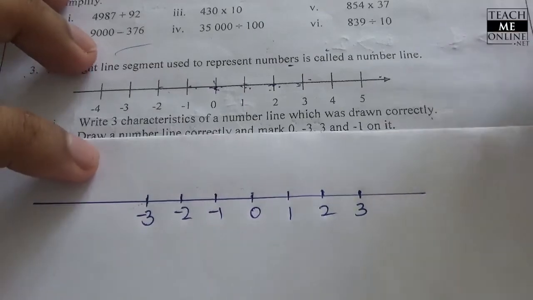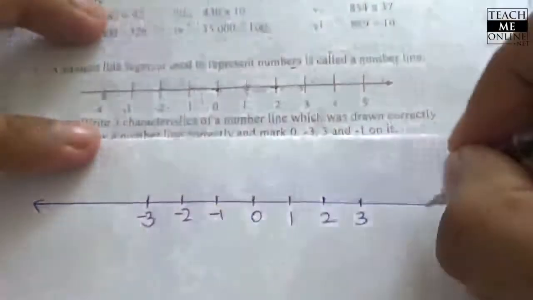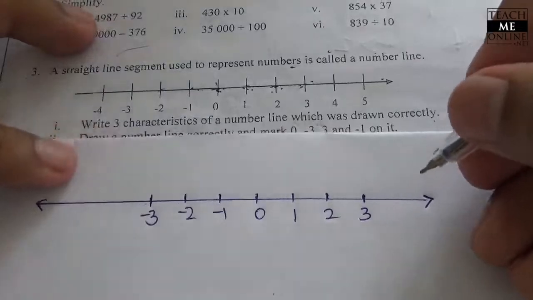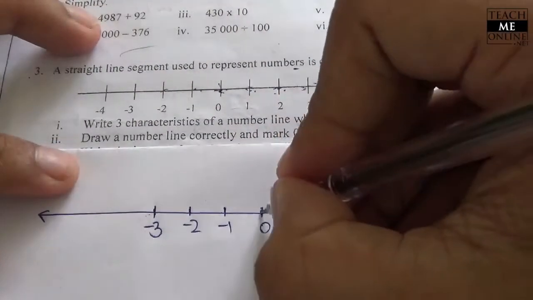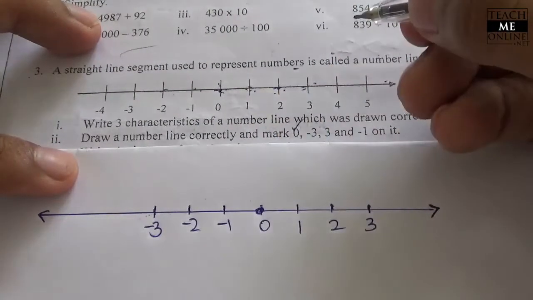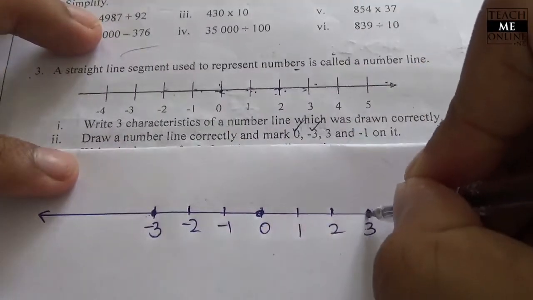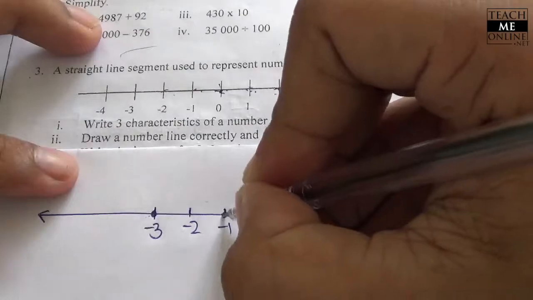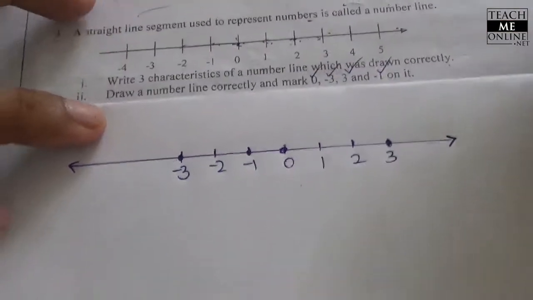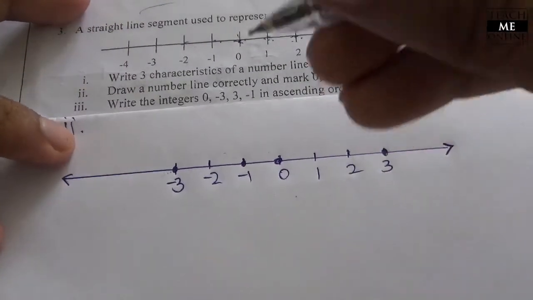So we have drawn, and they're asking us to mark 0. So 0 is marked, -3 also marked, +3, that's also marked, -1 also marked. Right.